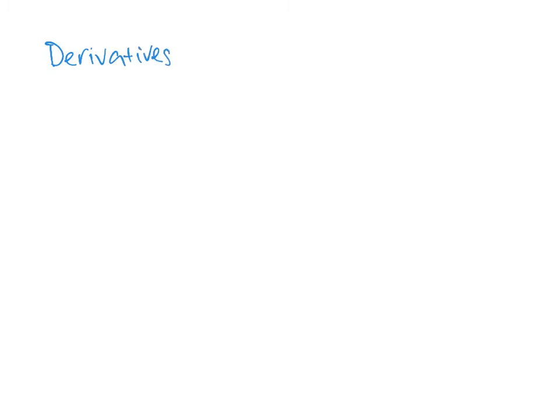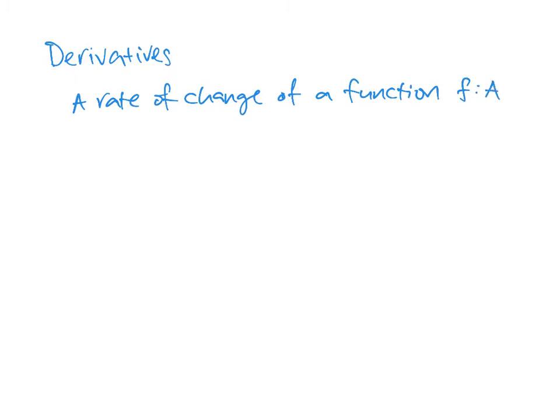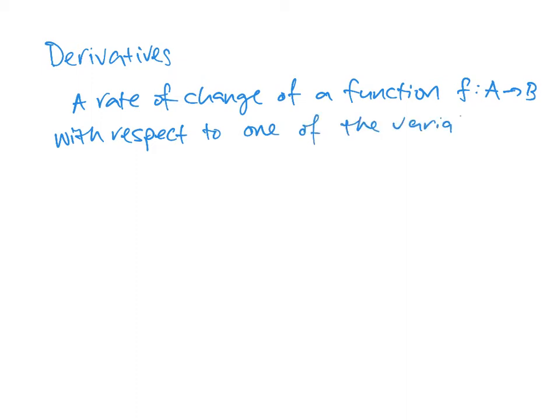So a derivative is a rate of change of a function f. If f maps from A to B, then you can sometimes define the rate of change of that function with respect to one of the variables.